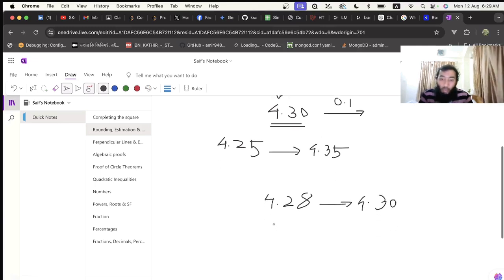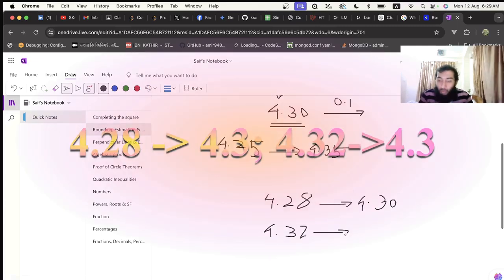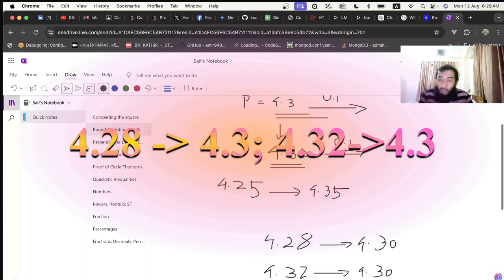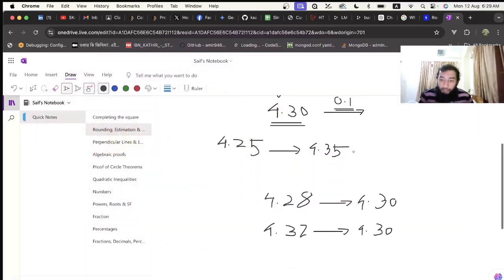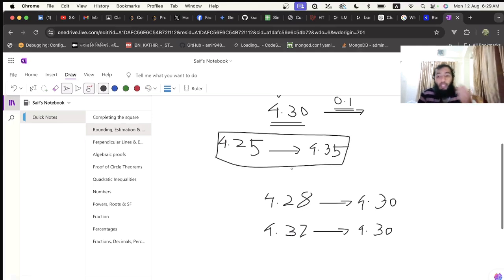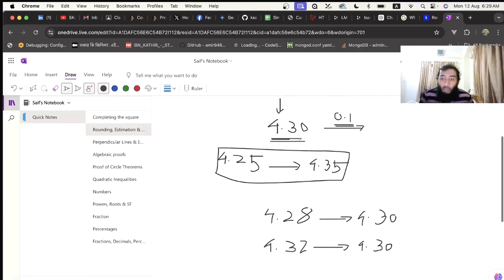Another number, let's say 4.32, is close to 4.30 in terms of nearest 0.1, right? So any number between 4.25 and 4.35 is close to 4.30 and therefore can be rounded to 4.30.